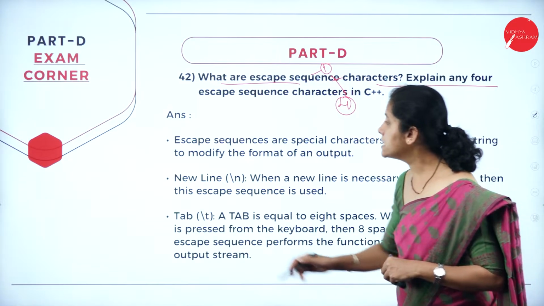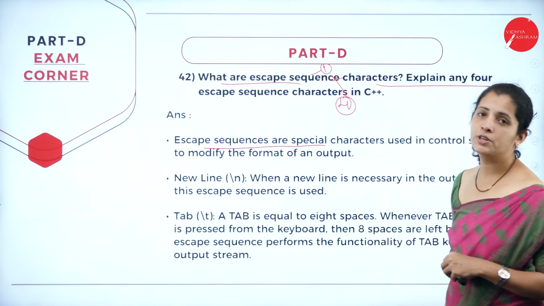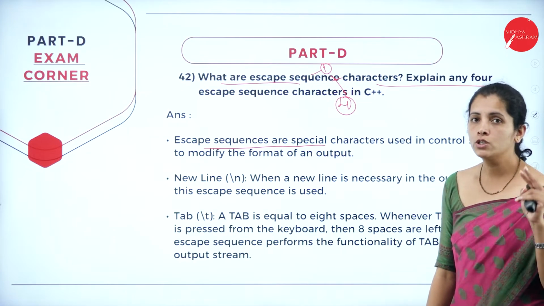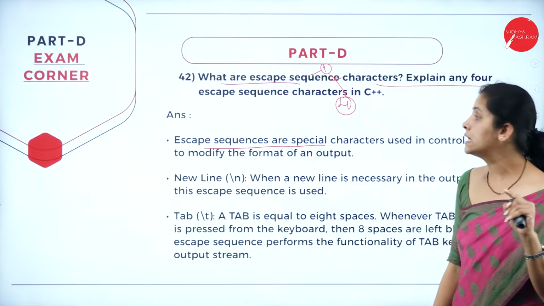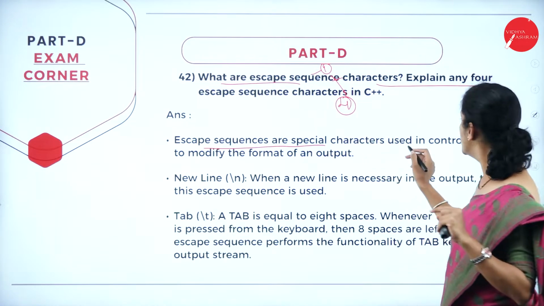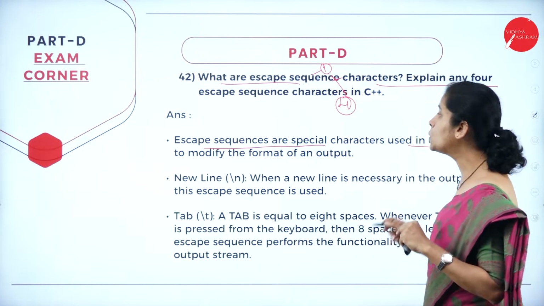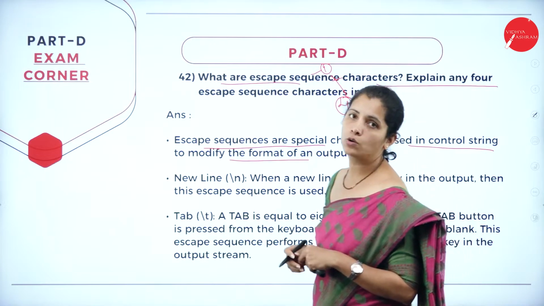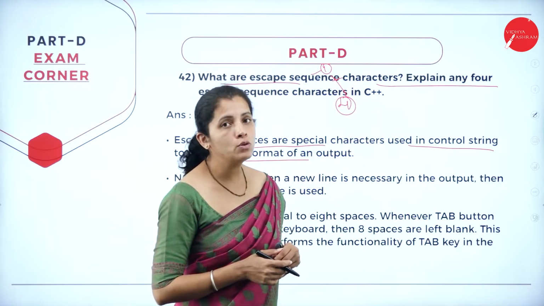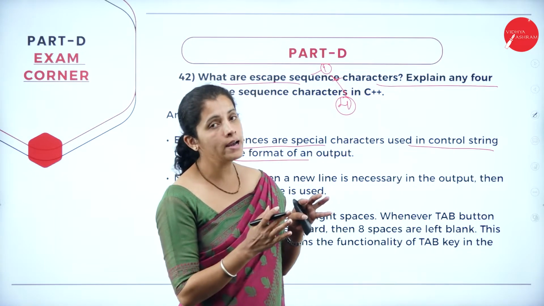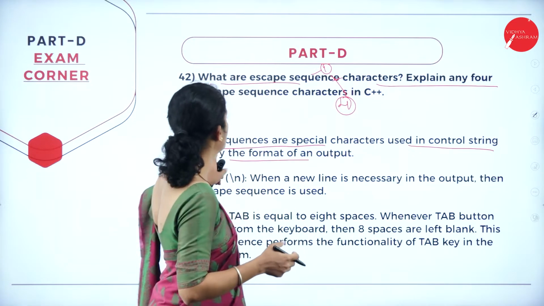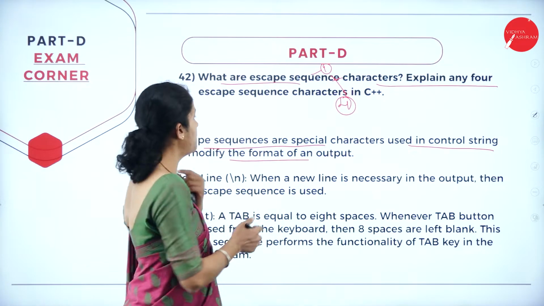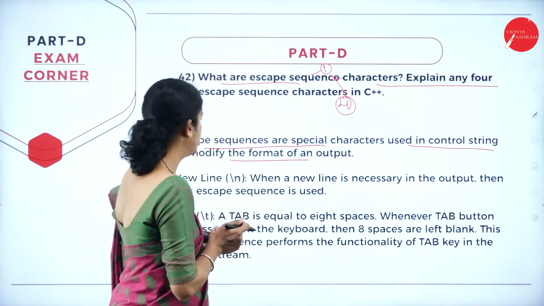Now escape sequences are special characters. So dear student, you want to mention that they are special characters used in a control string to modify the format of output. Suppose I want to format or modify my output, at that time I'm going to use escape sequence characters.